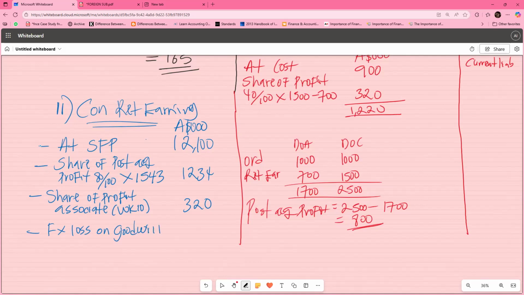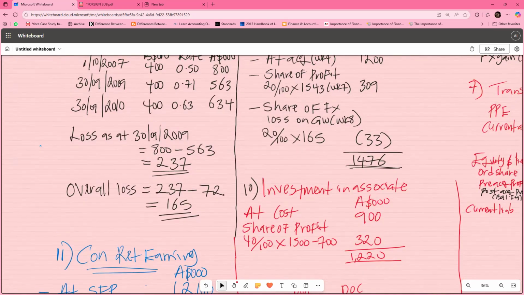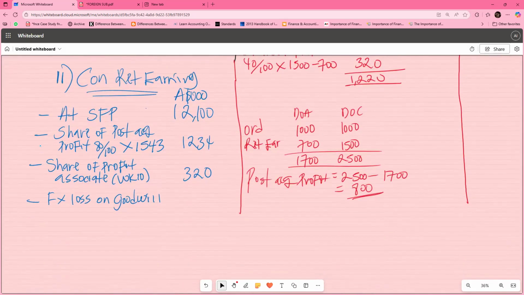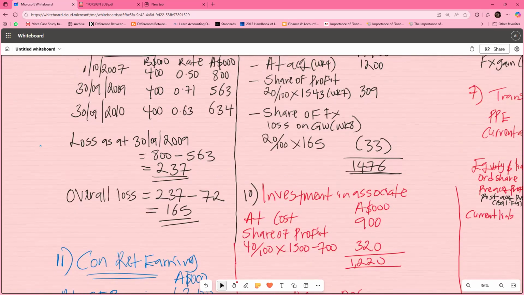Let me confirm something. Let me go back to the NCI. Okay, FS loss as well. I thought maybe I was referring to the game. So this is your working eight. That will be 80 divided by 100 multiplied by how much is the loss? I think it is 165 in working eight.